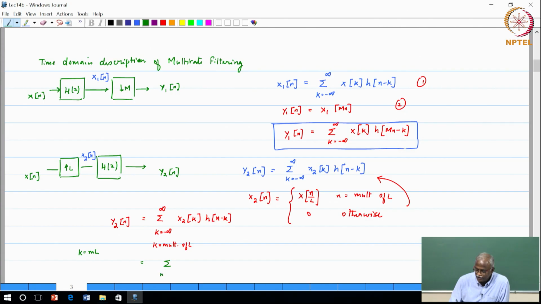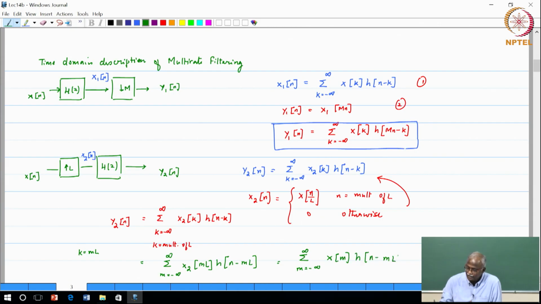So, this will be the summation m equal to minus infinity to infinity of x2 of mL, wherever there is k, I am replacing it with mL, h of n minus mL. Of course, x2 of mL is nothing but x of m. So, this can be written as the summation m equal to minus infinity to infinity of x of m h of n minus mL.